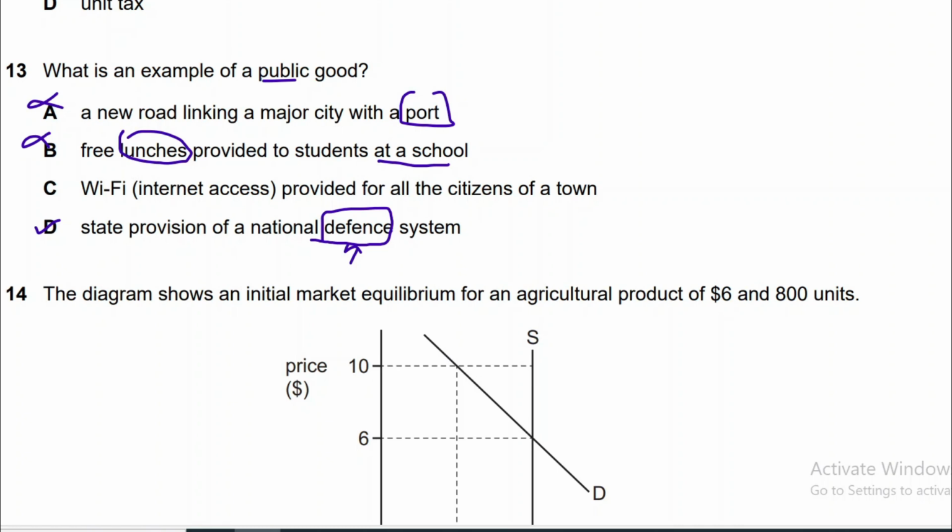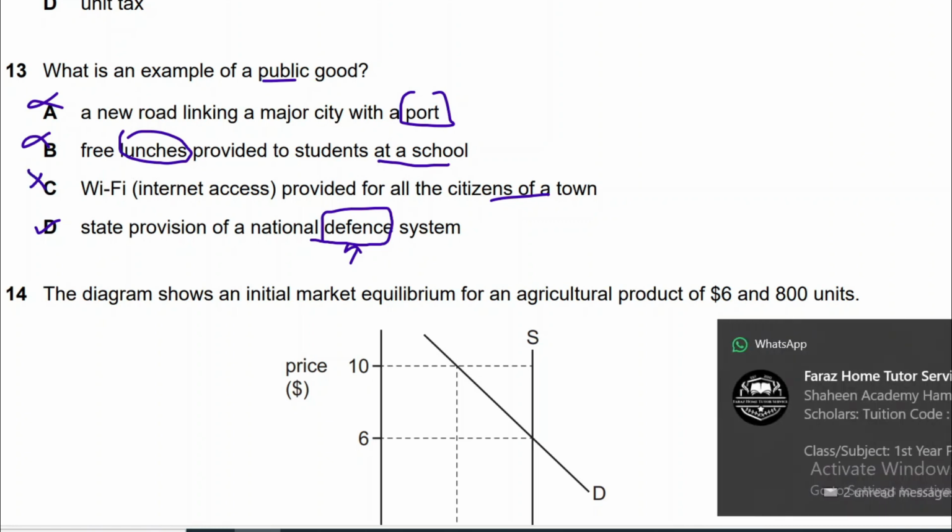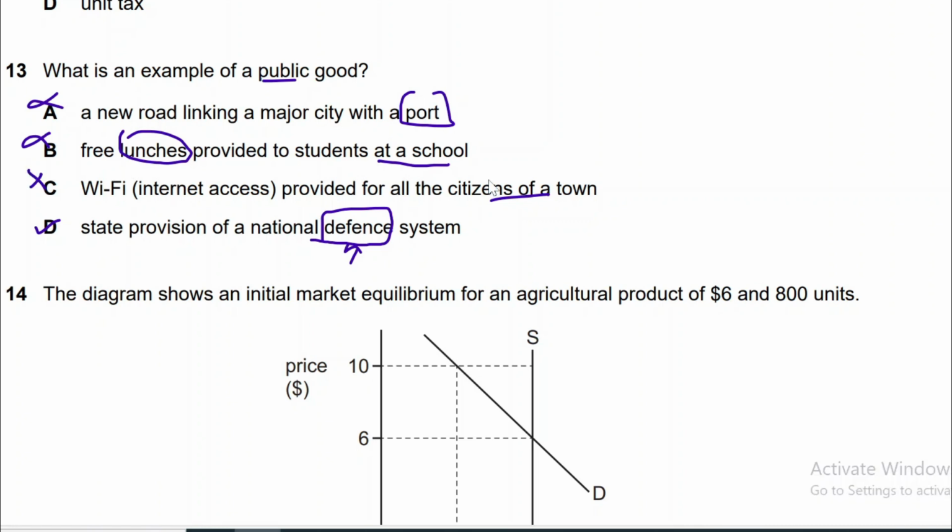And option C is Wi-Fi internet access provided for all the citizens of a town. Wi-Fi is a quasi public good, not a public good, because quasi public goods are the goods that are partially non-excludable and partially non-rival. Wi-Fi has the same kind of features.